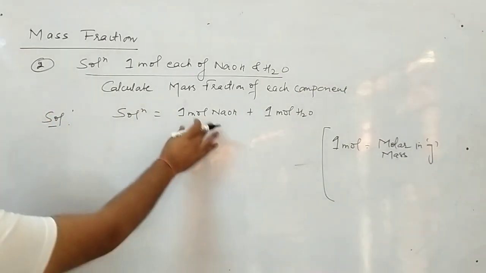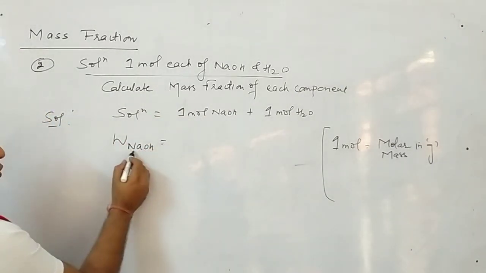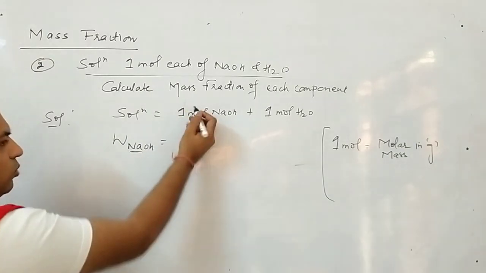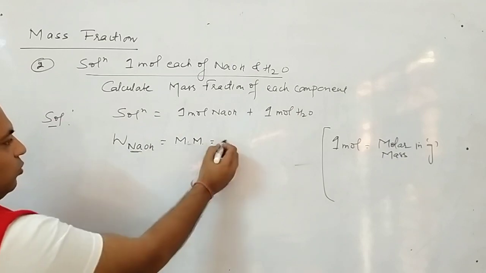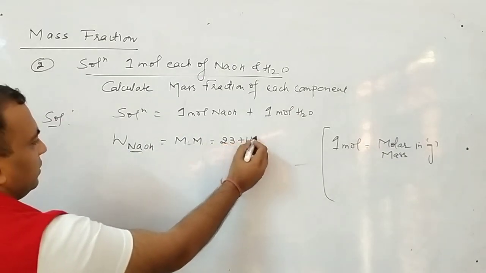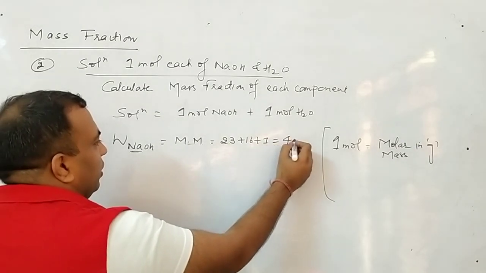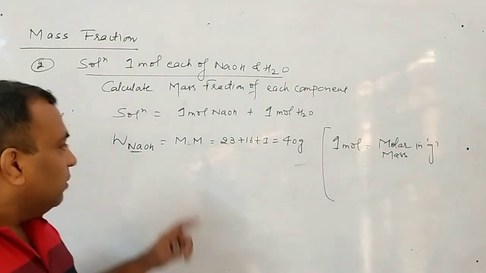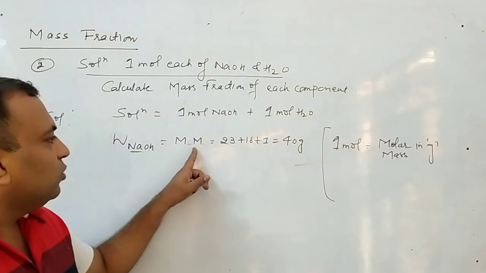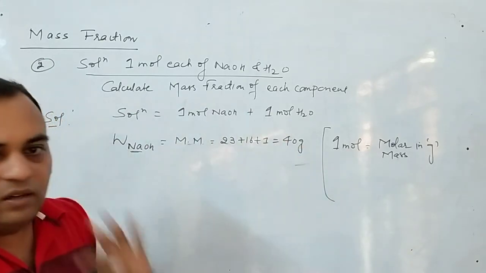So what is the mass of NaOH? The mass of NaOH, I can simply say its molar mass, that will be equal to 23 plus 16 plus 1 comes out to be 40 gram. This is clear. What is the mass of 1 mole? The mass of 1 mole is equal to molar mass in gram, that we have done in the mole concept.